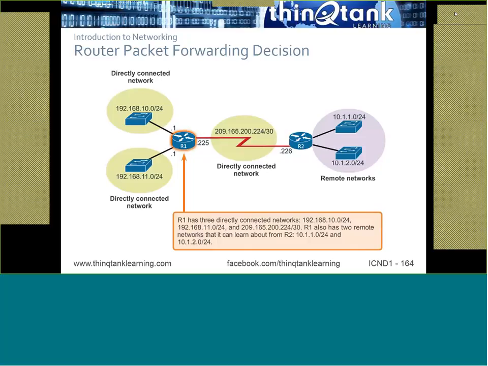All right? Now, the other concept that I think is extremely important to understand when it comes to routing, and by the way, this is any vendor, any environment, routers essentially have one goal. And that goal is to get the packet towards its destination by sending the packet to the next router along the path.